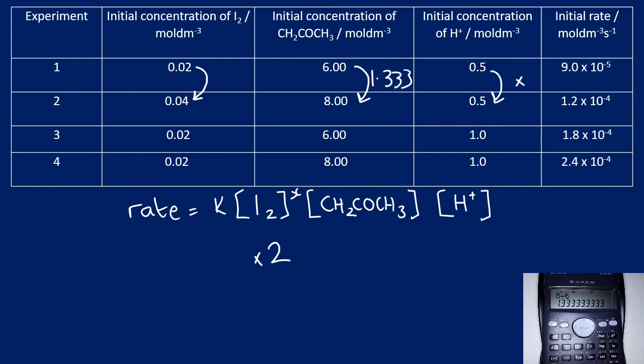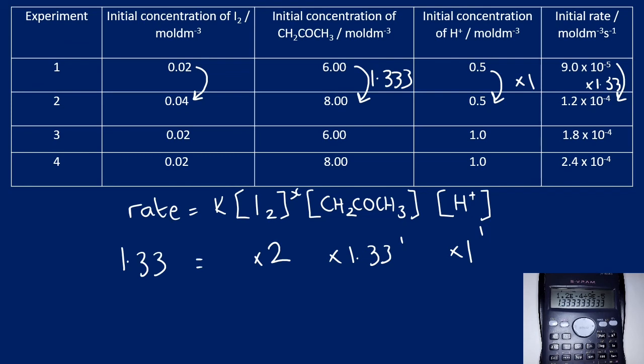This isn't changing. And what's happening to the rate? Well, it's going to 1.2 times 10 to the minus 4 from 9 times 10 to the minus 5. It's going up by 1 1/3 again. So the rate is 1.33.